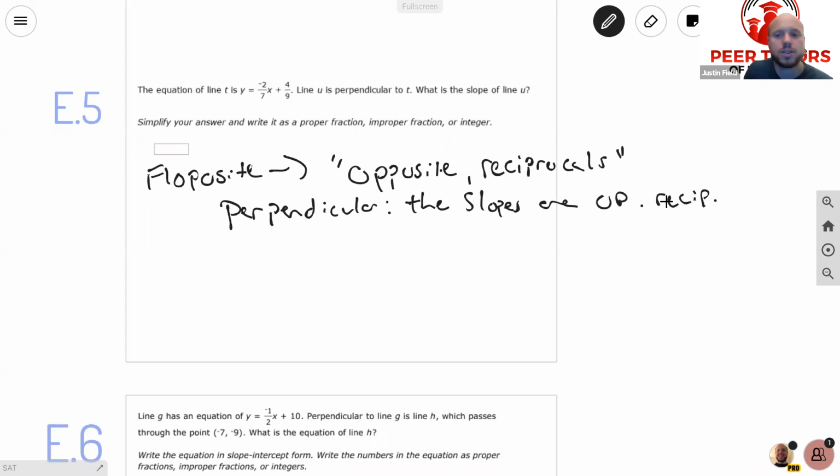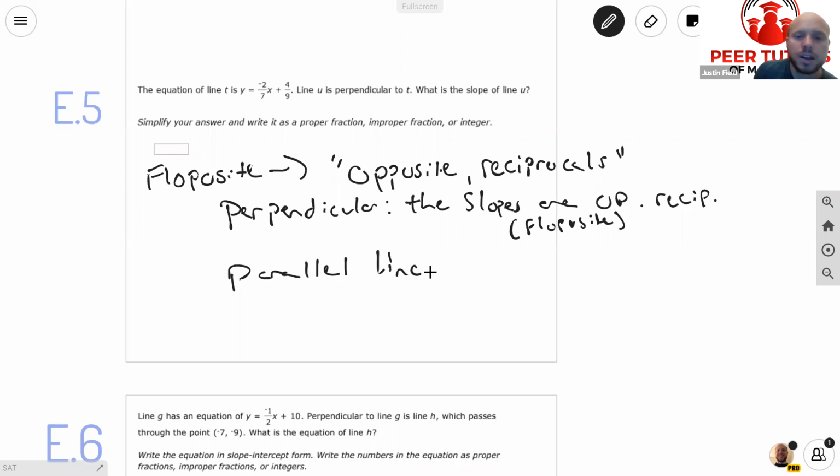Okay, so the slopes are opposite reciprocals, and I say flopposite. And you'll see that in just a second. But also you should know parallel lines have the same slope. Okay, so we got opposite reciprocals or the same.